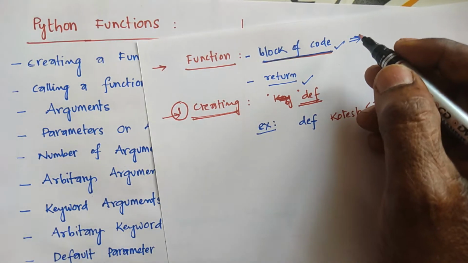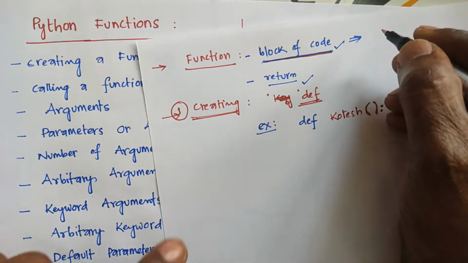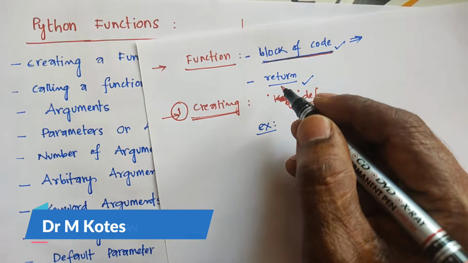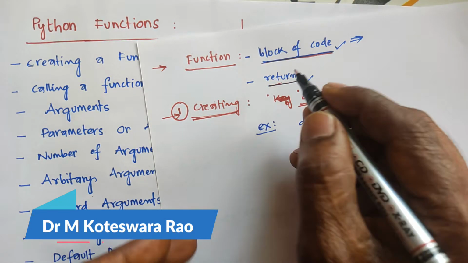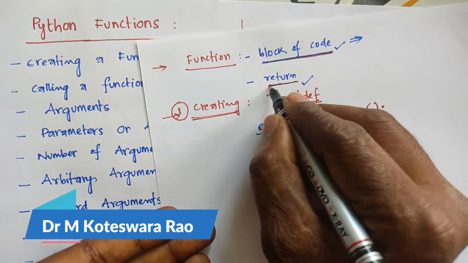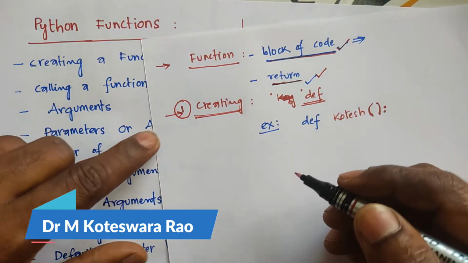How can you run that block of code? When you call it. Another point is you can pass data, known as parameters, into a function. And the final result will be represented in a particular variable with the help of return. These two points are very important for a function.